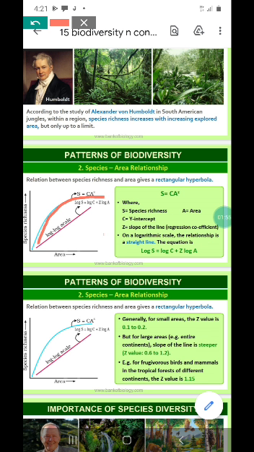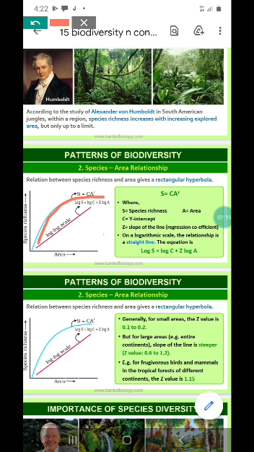When you convert it to logarithmic scale, it becomes log S is equal to log C plus Z log A. Now, the relation between species richness and area gives a rectangular hyperbola.